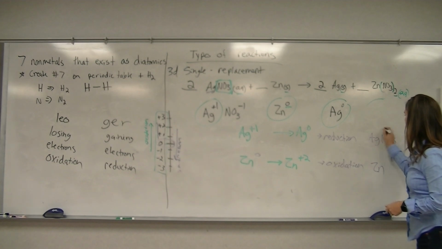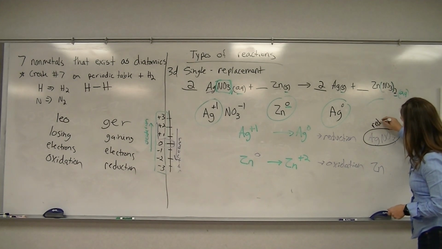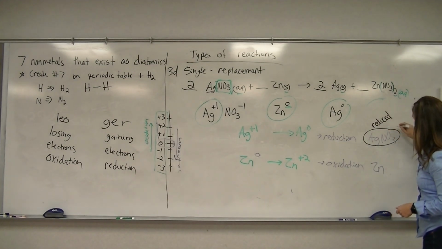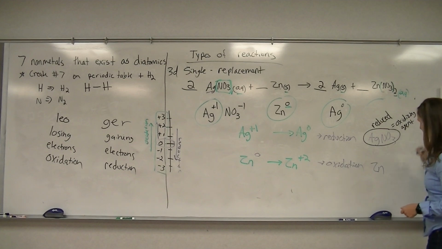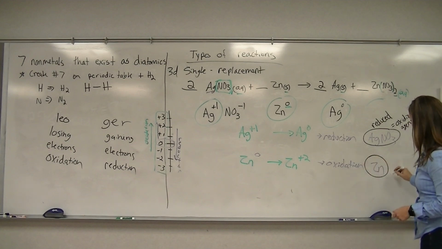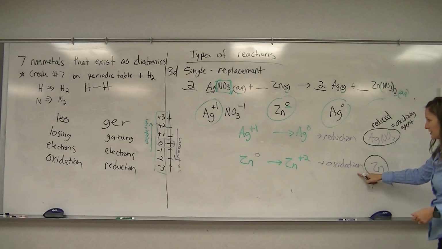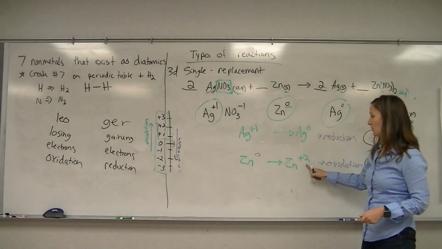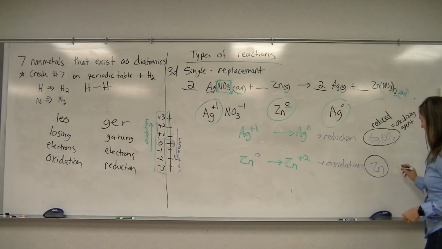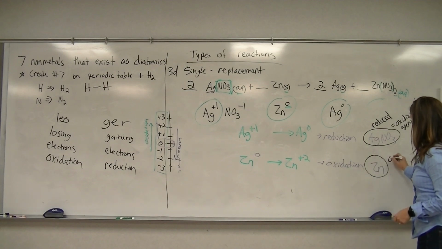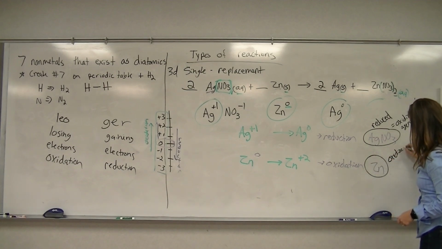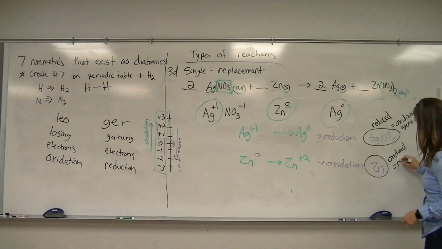It was reduced, meaning it was the oxidizing agent. This zinc here, we just said was oxidized because it lost electrons to go from a 0 to a +2, meaning it is the reducing agent.